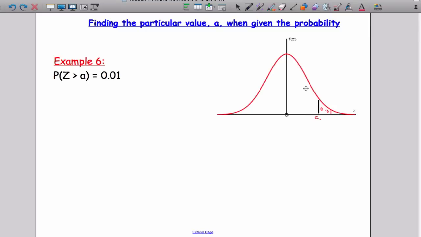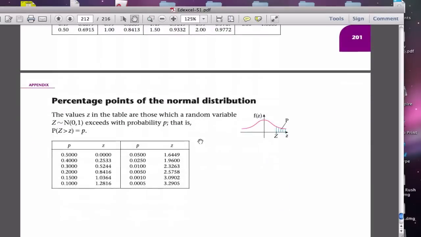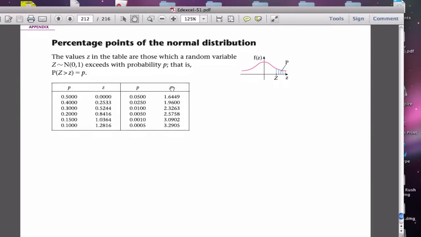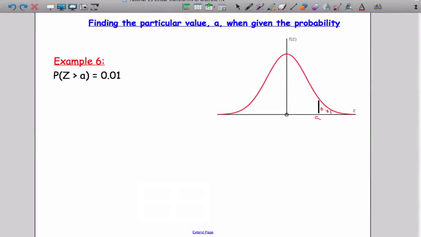So this is actually a moment where we need to use what's called the percentage points table, which tells me some particular values when Z is greater than little z. Now 0.01 can be seen here. The probability of 0.01 is that. So that means the value of Z must be 2.3263.